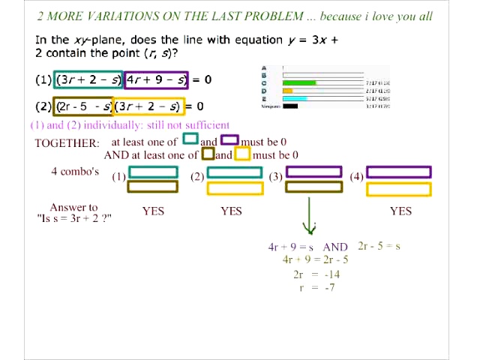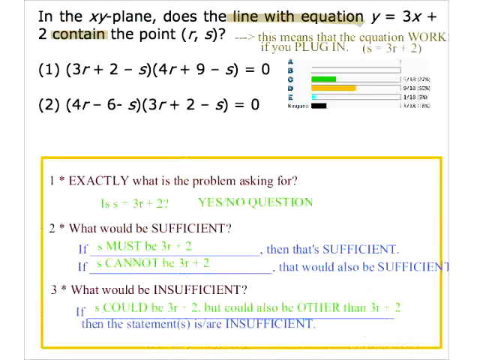What question are we trying to answer about these things? This is why you really, really have to set this stuff out right at the start of the game, because otherwise you're dead. We have to come back to the question of, is S equal to 3R plus 2 or is it not? So we have this point and we need to judge whether 3R plus 2 equals S or not.